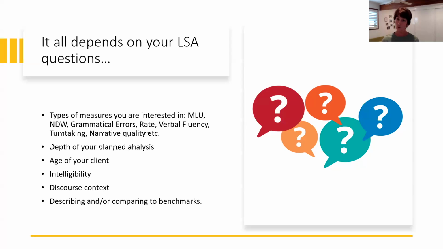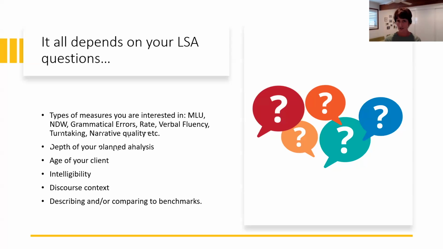And the depth of your planned analysis. How much information do you need to set goals that can be individualized to the child, that will be useful to the child's daily functioning? The age, of course, of your client. How intelligible is your client? If the child's really difficult to understand, then it's going to be hard to transcribe and really hard to do a structured systematic analysis.